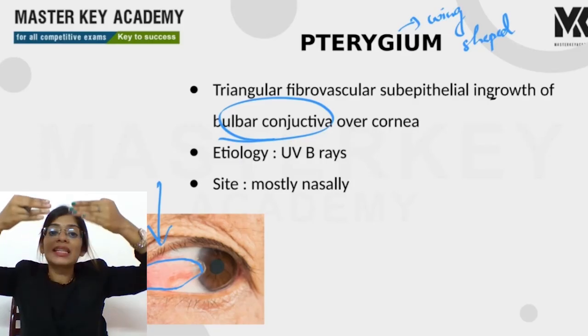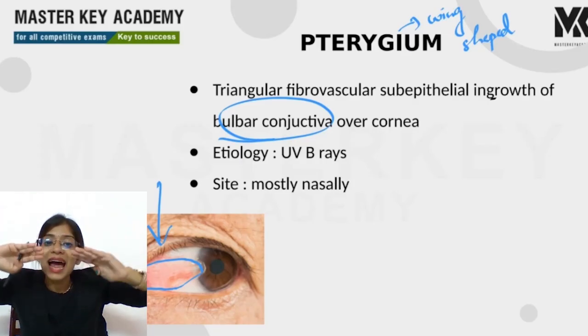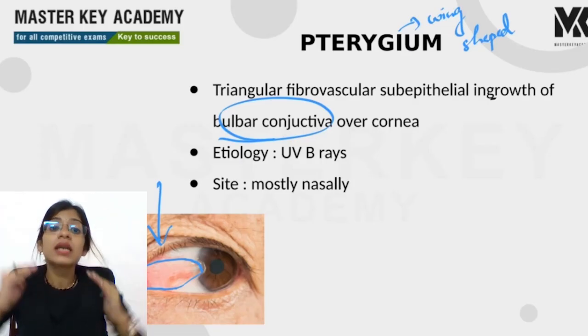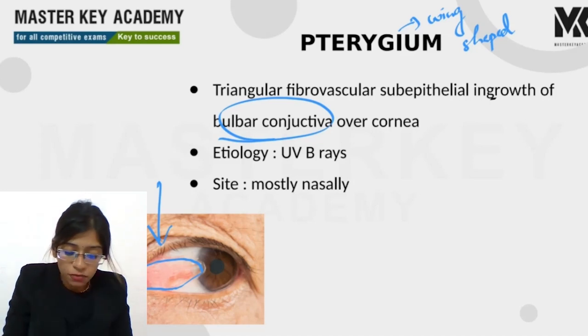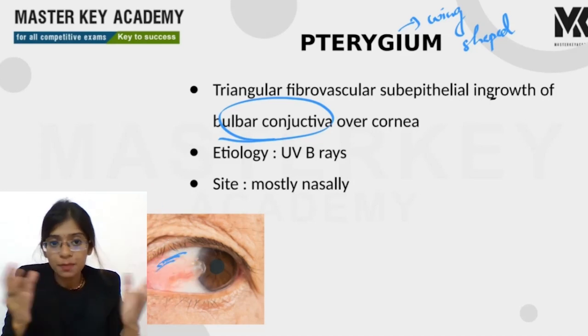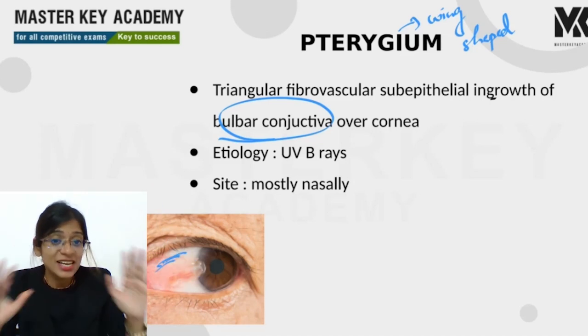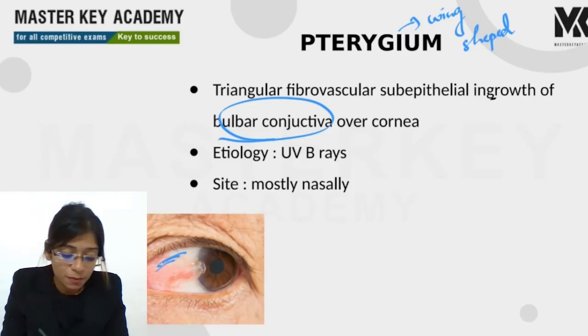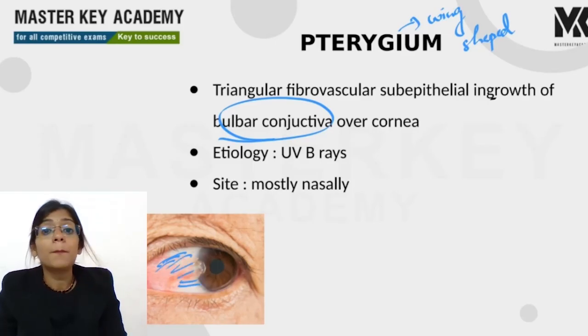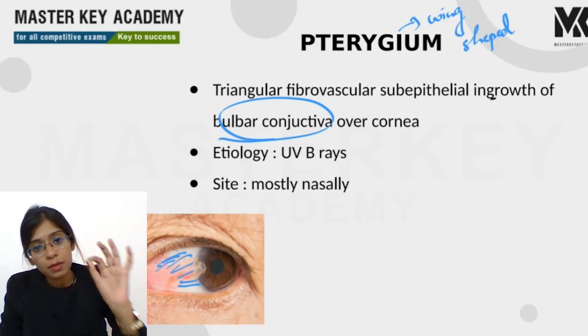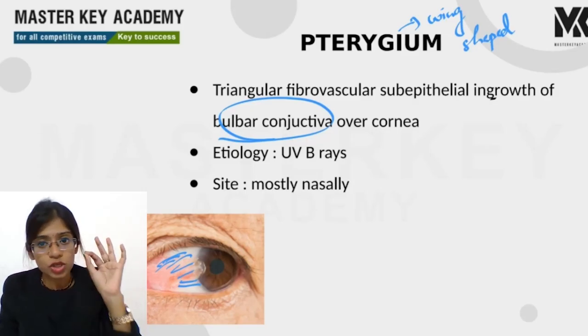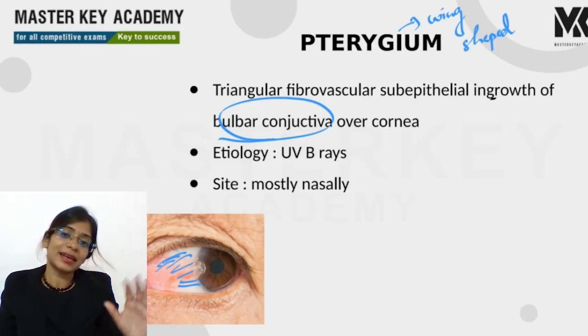And then the palpebral conjunctiva comes down and covers your sclera. The white part of the eye is called sclera. We all know that. So the sclera is covered by which conjunctiva? Bulbar conjunctiva. Now, a triangular growth of this bulbar conjunctiva is what we call pterygium.